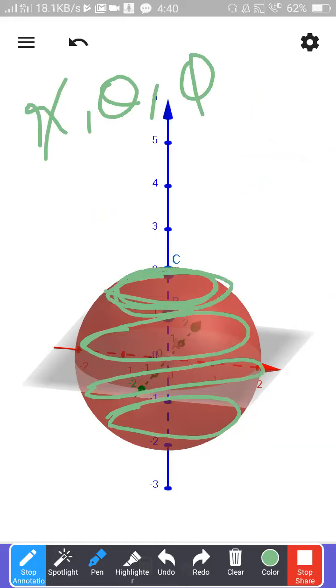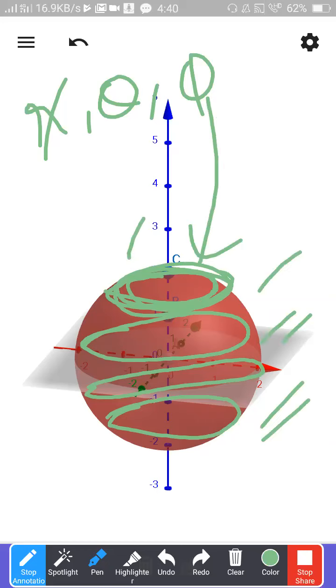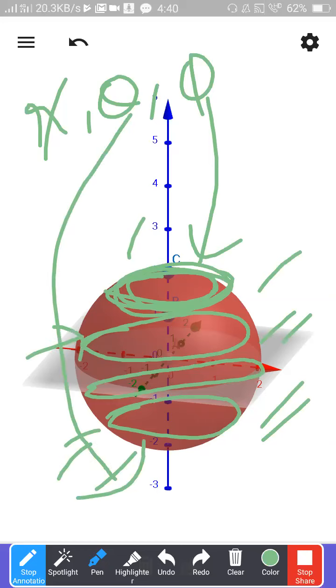Given a circle, you can go anywhere on that circle; that is decided by phi. Which circle you are on, the top circle, the bottom circle or the middle circle, that is decided by theta. So please remember, on that surface only r is constant. Theta and phi are variable.